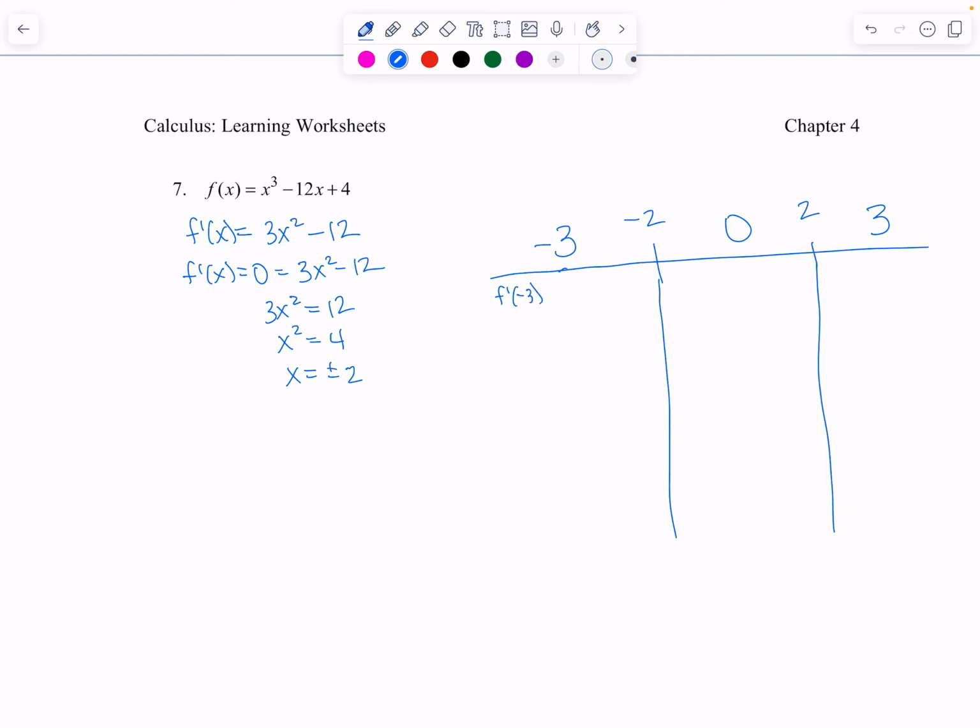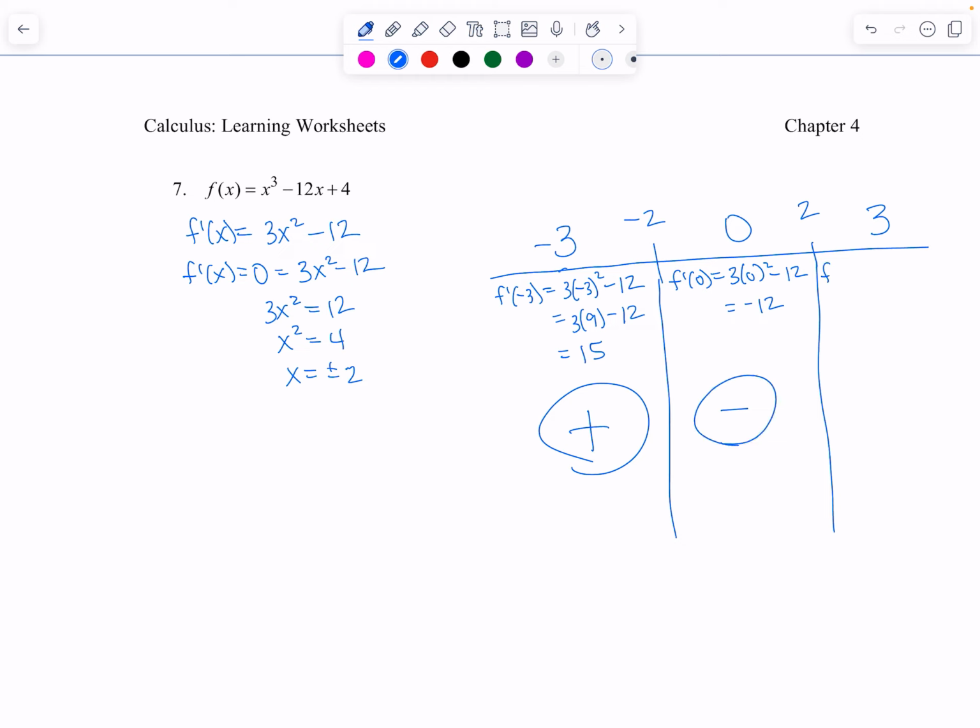F prime of -3 will give us 3 times -3 squared minus 12, 3 times 9 minus 12, 15, positive. Zero, 3 times 0 squared minus 12, so negative 12. And positive 3, 3 times 3 squared minus 12, that's going to give us the same, 15.